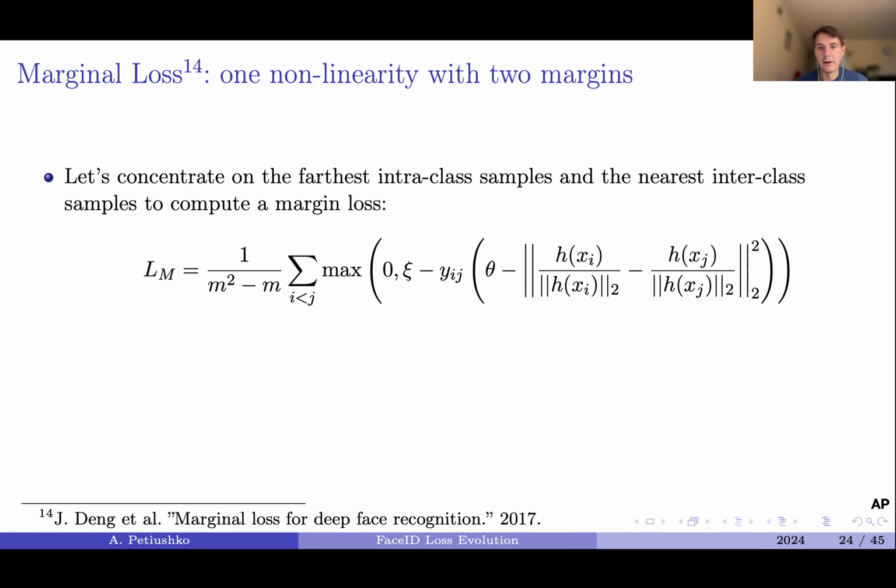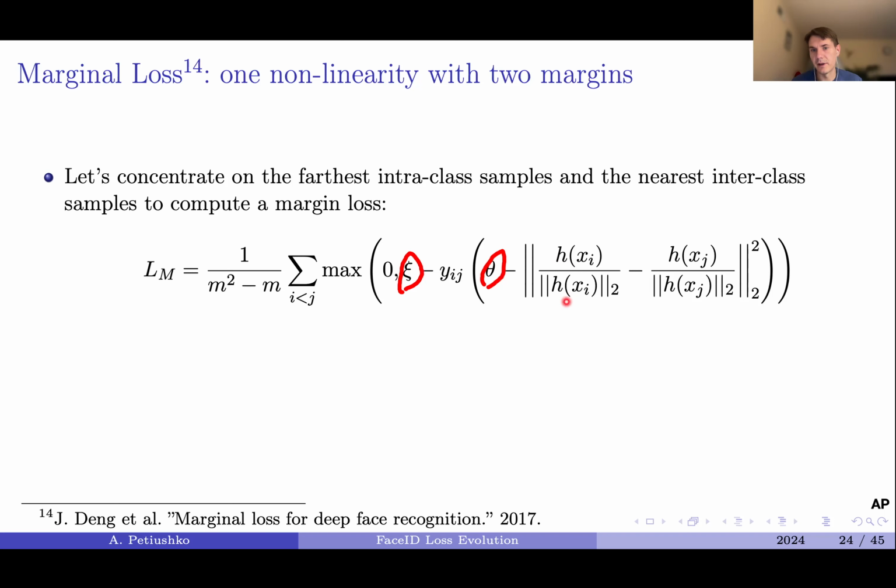And there is also a modification which is called marginal loss. It's just a slightly different formula, but basically the same idea is used. Here we have one nonlinearity with two margins. Previously we had only one margin, m, but here we have two margins, psi and theta.